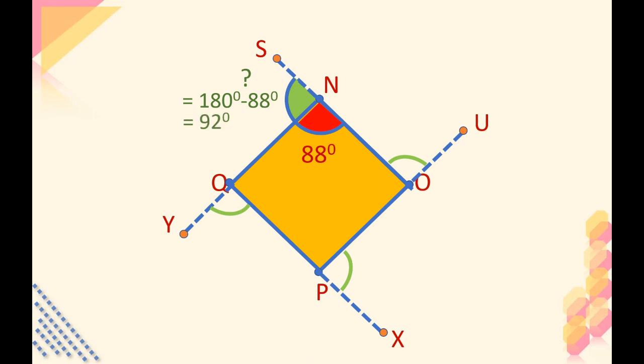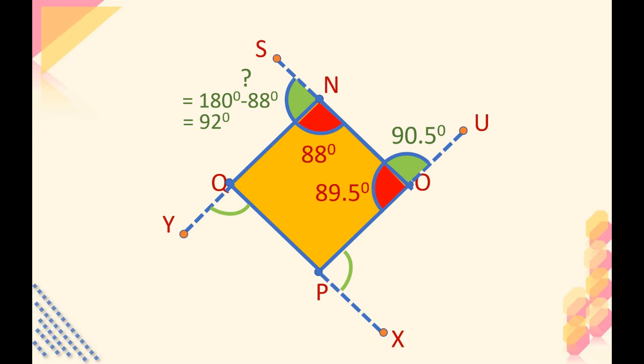The same goes for angle UON and angle PON. They also form a linear pair. So, if angle UON measures 90.5 degrees, or 90 and 5/10 degrees, what is the measure of angle PON? The measure of angle PON is 89 and 5/10 degrees.